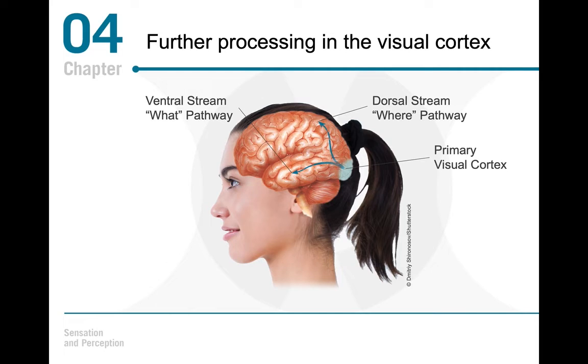And that may have some implications on the evolutionary importance or the evolutionary adaptiveness of having that ability. So remember the ventral stream and the dorsal stream and what they basically code for in your visual system.